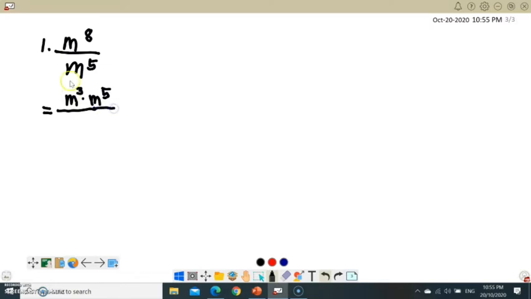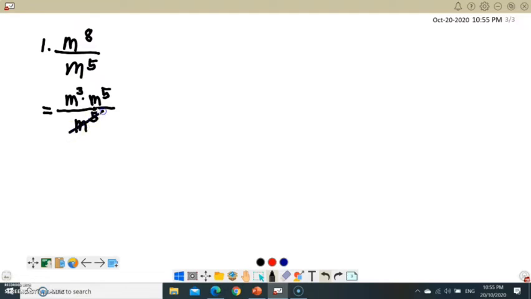Okay, let's have example number 1. We have here m raised to 8 over m raised to 5. Step number 1 says you need to factor the numerator. So what are the factors of the numerator? We have here m cubed multiplied by m raised to 5, over the factor of the denominator, m raised to 5.